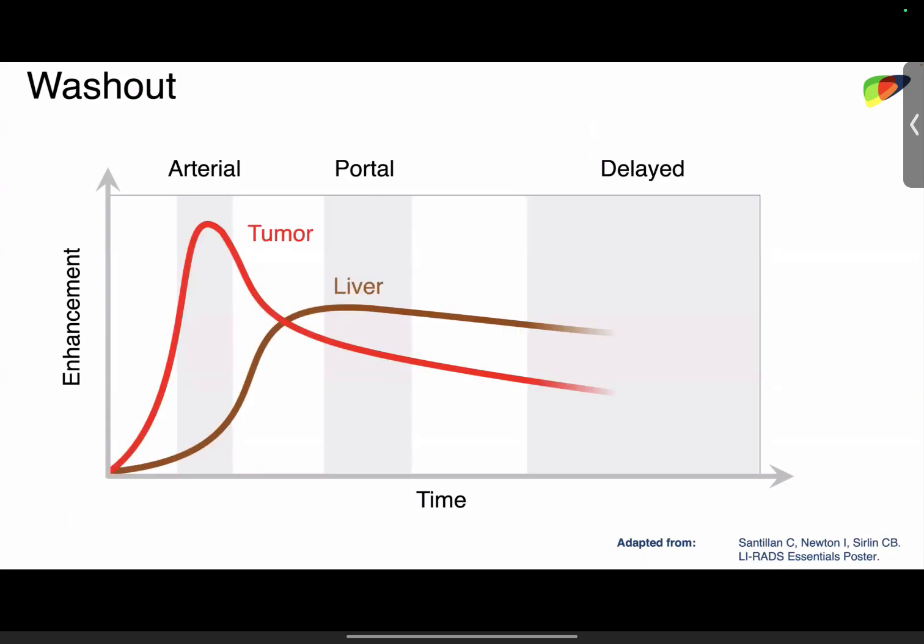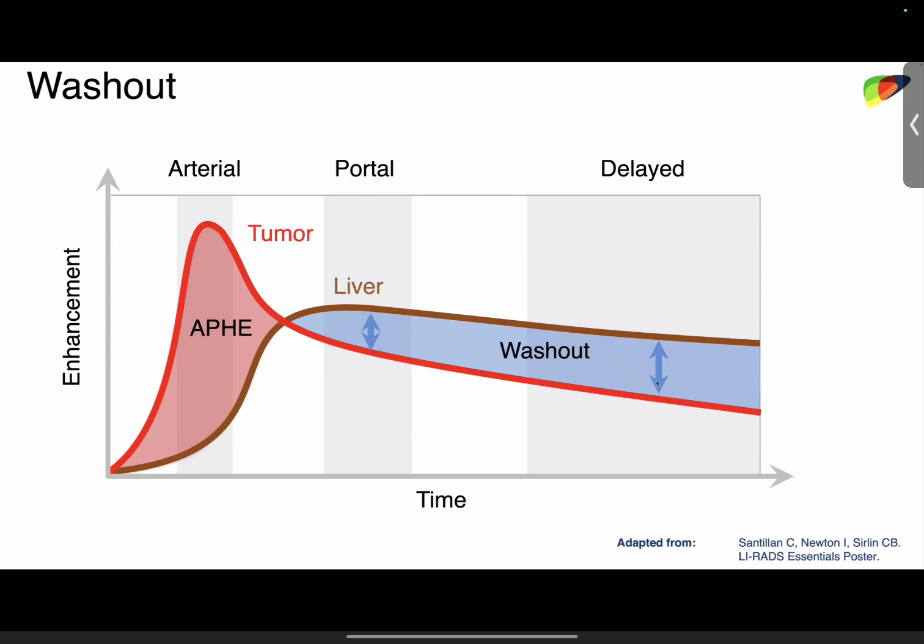Then we have the concept of washout, which is a dynamic temporal concept which compares the enhancement from an earlier to a later phase. Notice that there's a crossover between the enhancement of a tumor, an HCC, and the background liver.